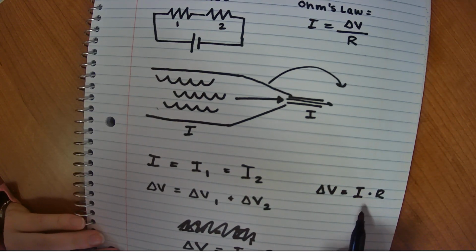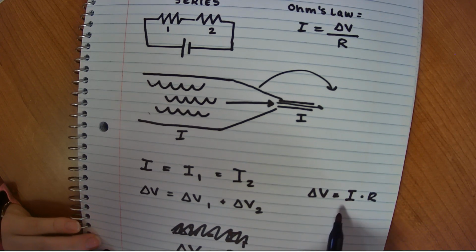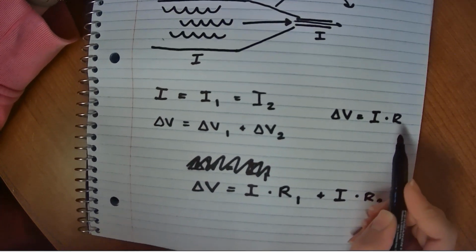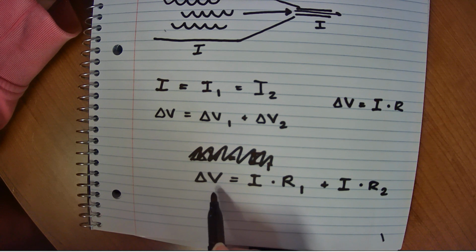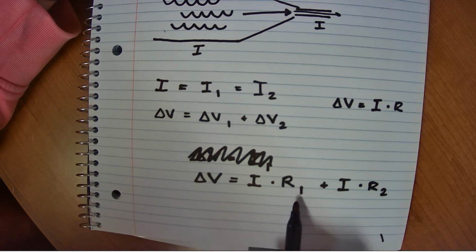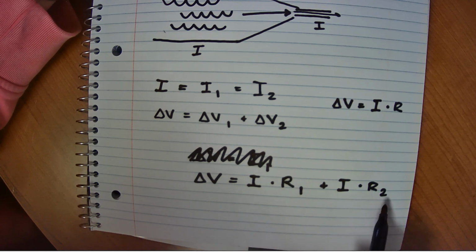And I did this just by applying Ohm's law. We know that potential difference is equal to current times resistance. So if we want the potential difference across the entire battery, we can do the current times the resistance across the first resistor, and the current times the resistance across the second resistor.